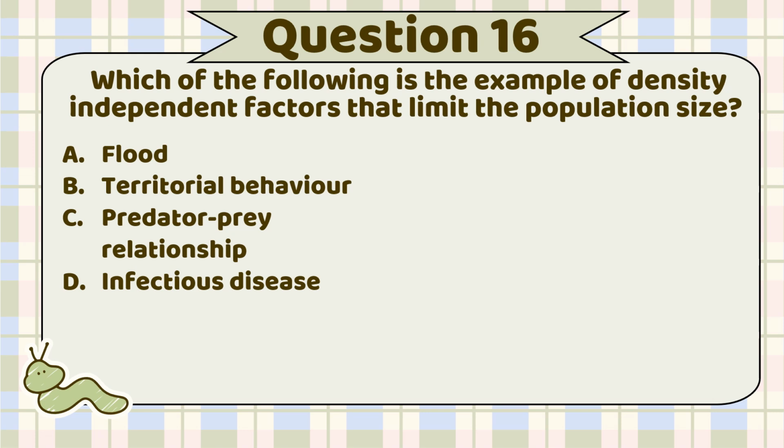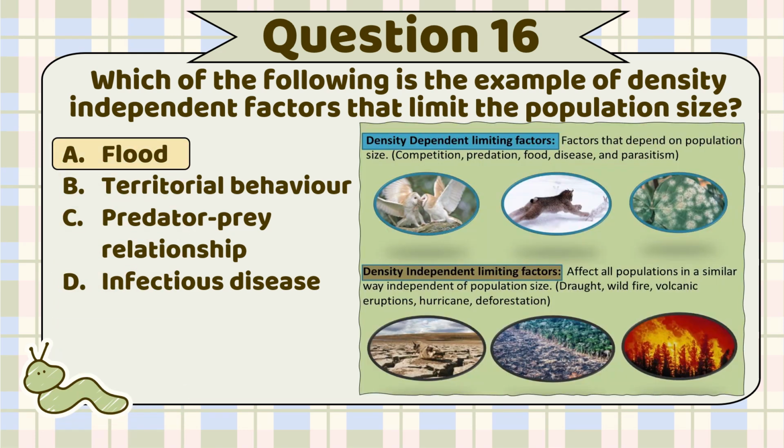They will be affected by it, such as flood. Usually, density-independent factors are natural disasters such as drought, wildfire, volcanic eruptions, hurricane, while density-dependent limiting factors are factors that depend on population size, such as competition, predator-prey relationship, infectious diseases, and food.